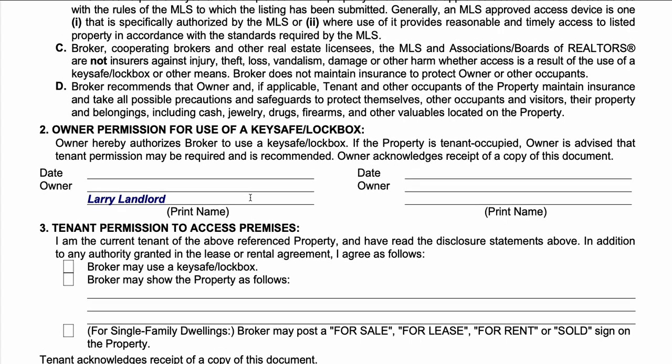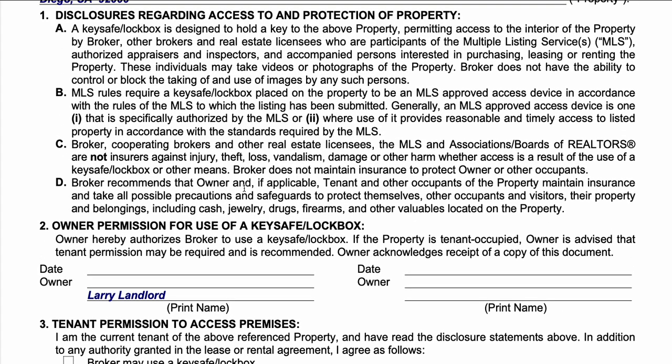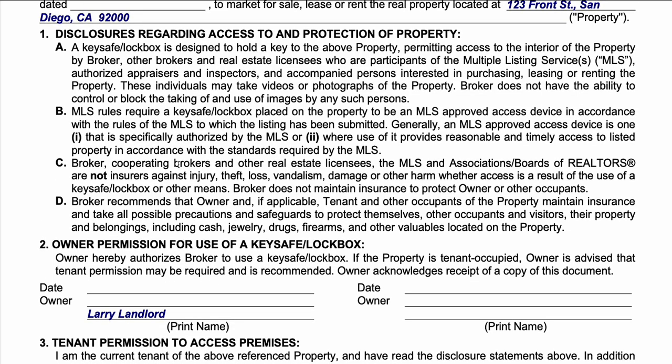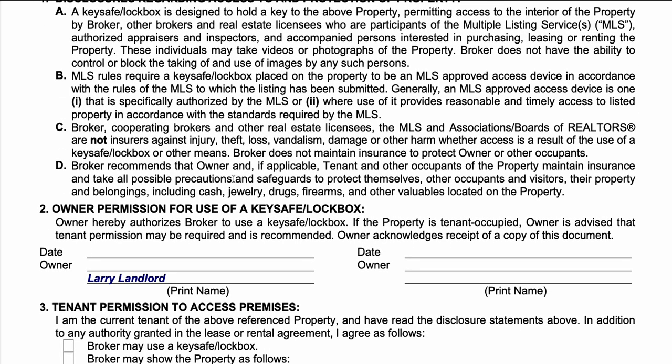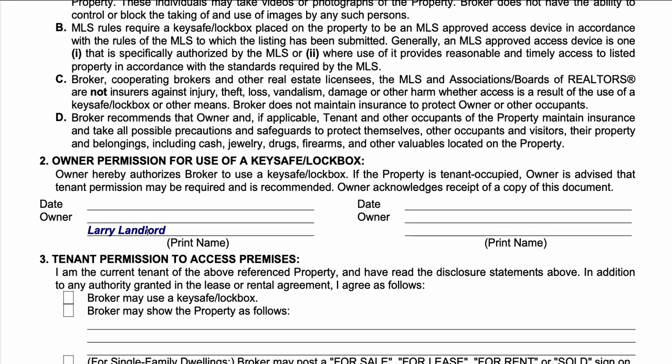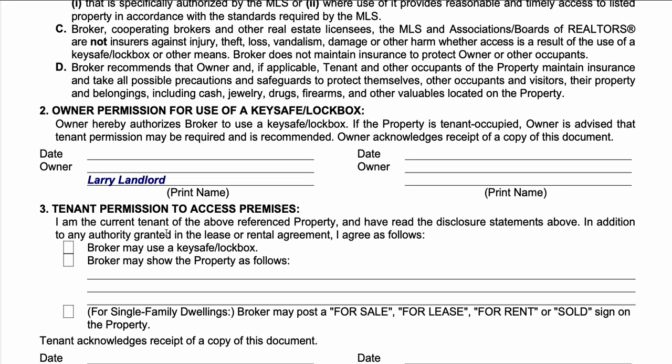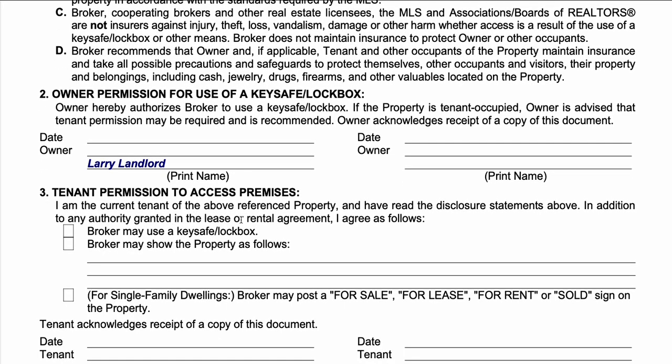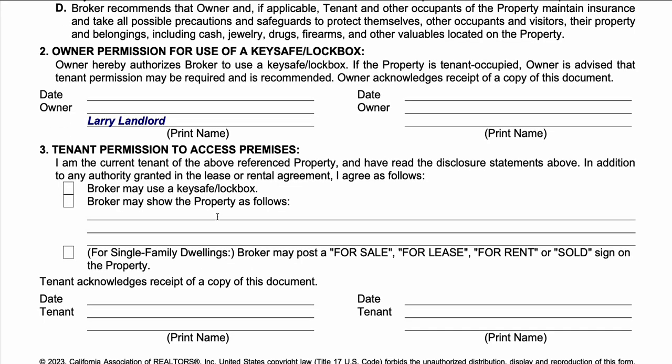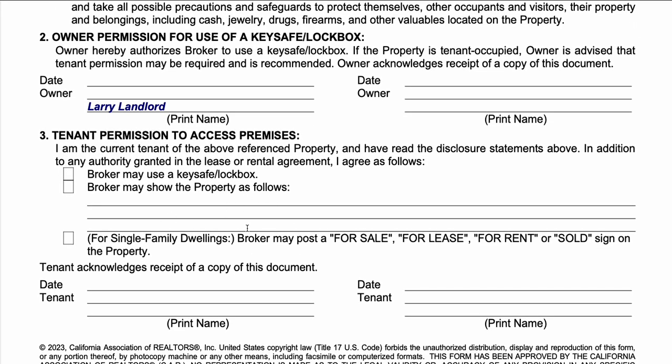This gives the tenant, or excuse me, the agent authorization to have a lockbox up, and all the ways that it can go wrong by having a lockbox. And the owner is going to sign. The tenant, if it's occupied by a tenant, is going to need to sign off on this as well. That's what this is all about.